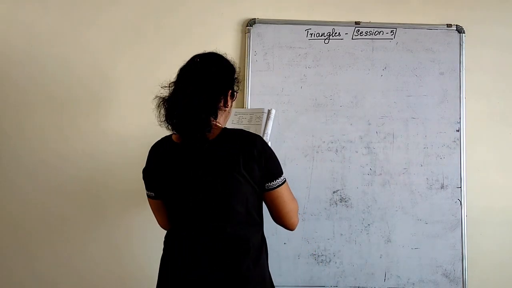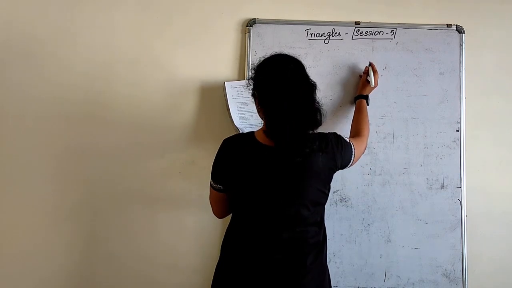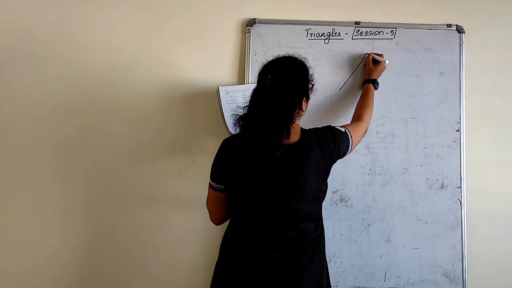Two sides AB and BC and median AM of one triangle.